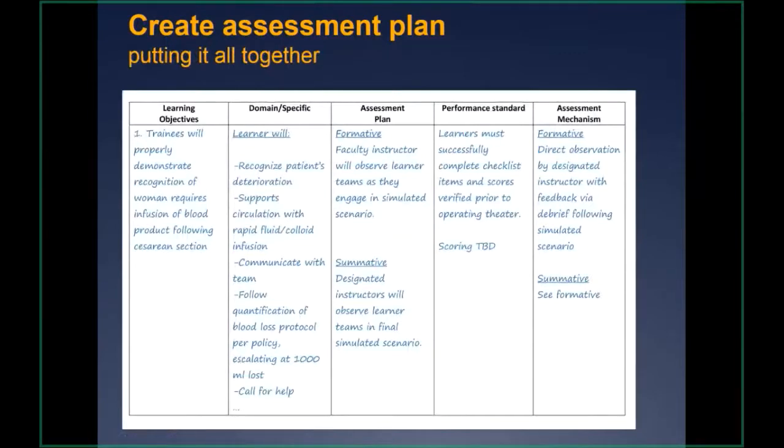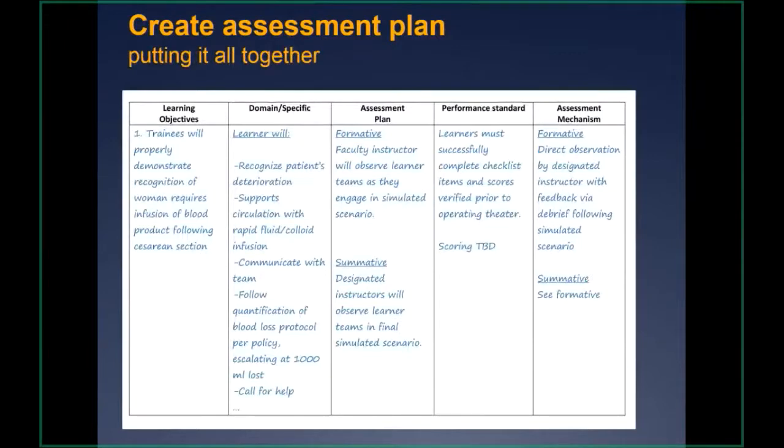Now, if we put it all together, it's important to have this before we actually start considering different assessment tools. And I say this because sometimes we can be swayed by the availability of tools that we find. And so I like to have these decisions made a priori based on the strength of your faculty, your program director, your instructors, and the intended targets for your learners.